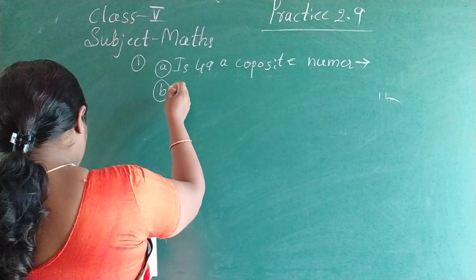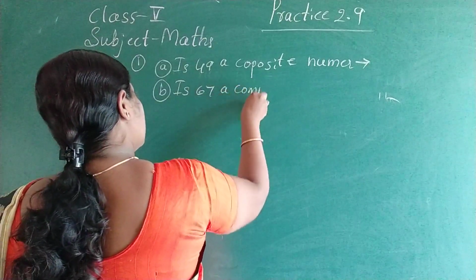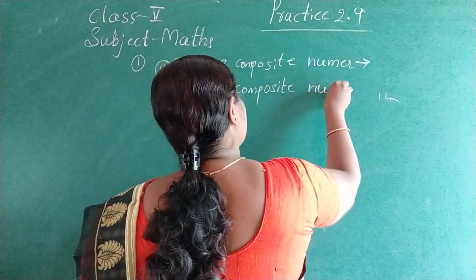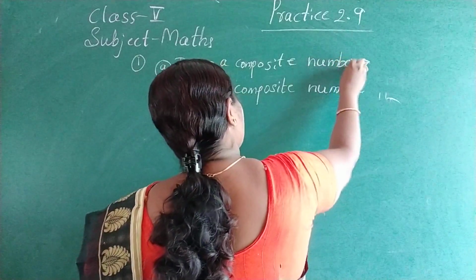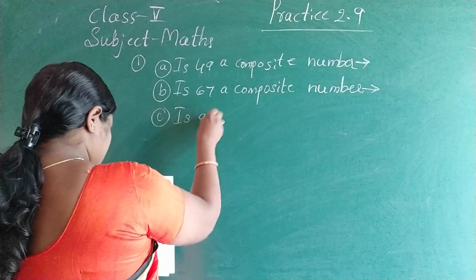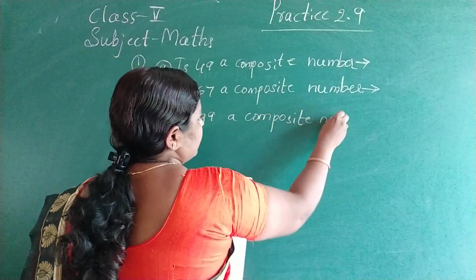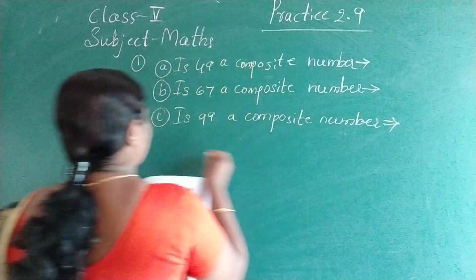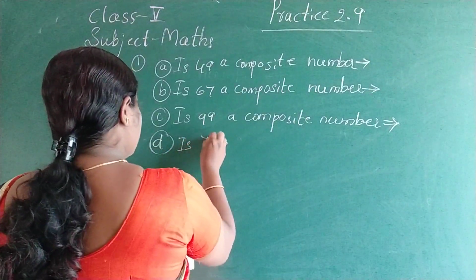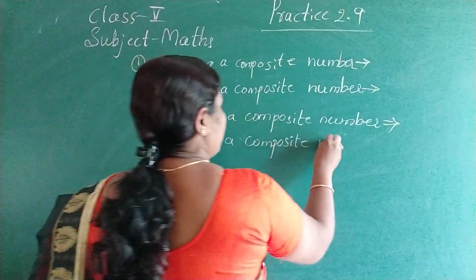B. Is 67 a composite number? C. Is 99 a composite number? D. Is 73 a composite number?